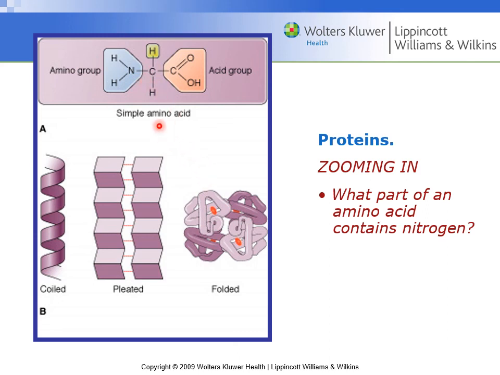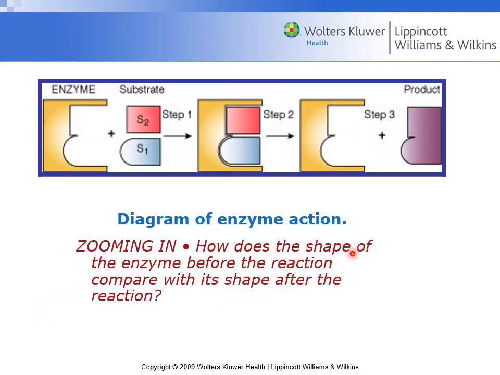Notwithstanding these amino acids, when they join together, they now form proteins. And in terms of the structure of these proteins, they could be coiled, pleated, or they could aggregate. This looks very much like hemoglobin. They could aggregate to form a folded structure. So this is just showing an enzyme.